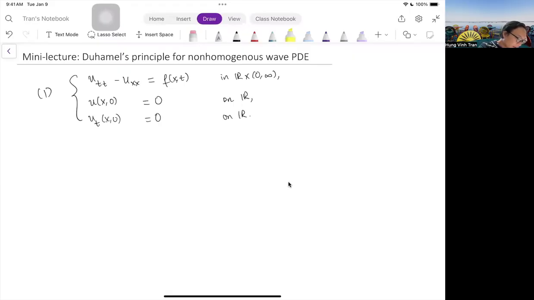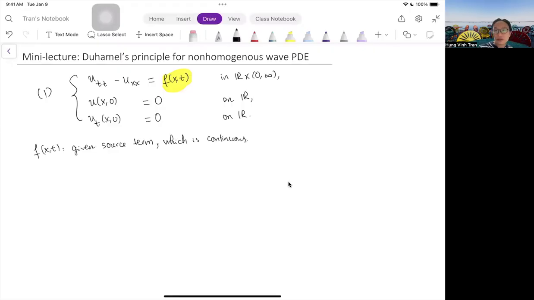So as noted, this is a source term, right? And f(x,t) is a given source term, and let's say f is continuous.